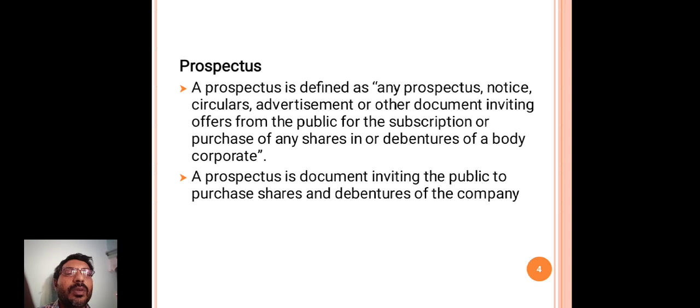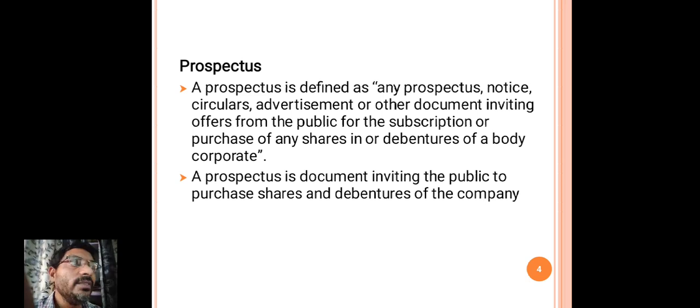A prospectus is a document inviting the public to purchase shares and debentures of the company. In simple terms, a prospectus is nothing but an invitation to the public.